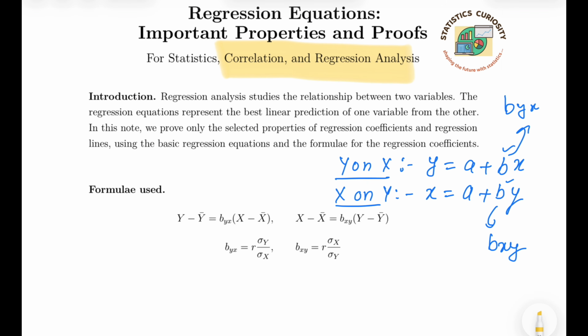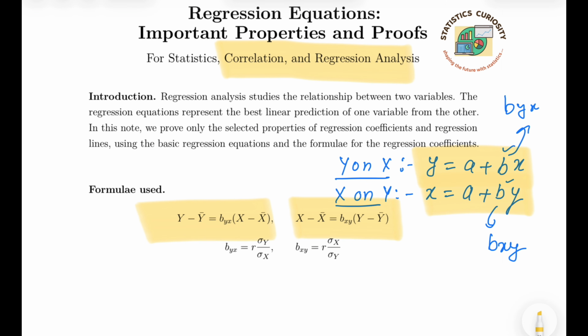So here are the important formulae that will be used during the proofs of the properties of regression coefficients. The first two are the regression equations y on x and x on y, which can be converted into these two forms.